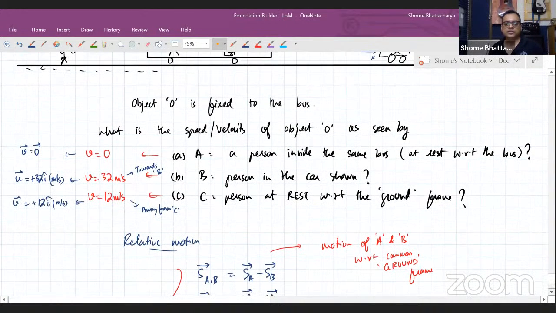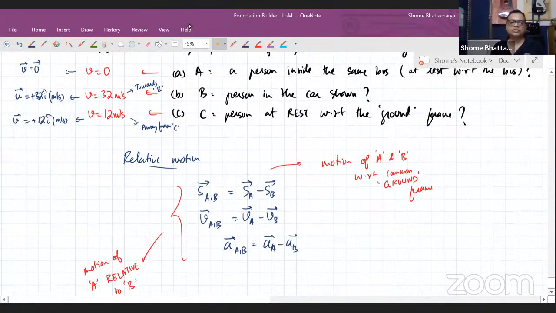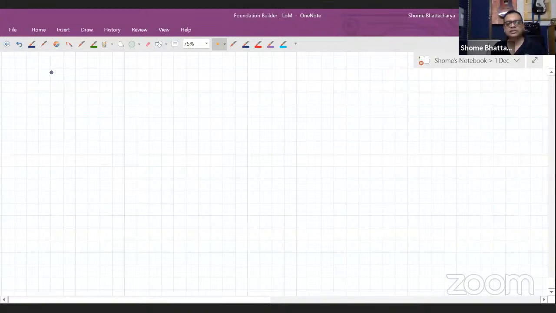Okay. All right. So now coming back to what is the significance of all this in Newton's laws of motion. So the first thing we'll understand is the definition of inertial frame. So what is an inertial frame?